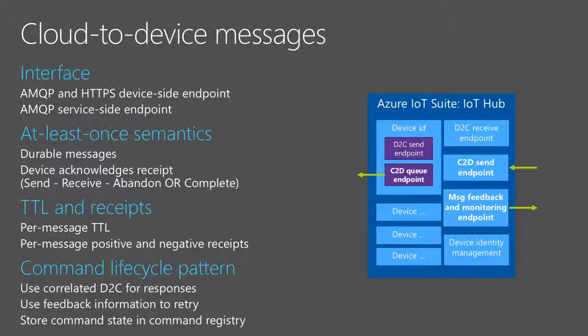Another pattern that is very common is broadcasting the same command to a very large set of devices. When you start having hundreds of thousands, but even just thousands of devices, you might send commands to a single one, but many times you're sending commands to a vast set of them. Things like firmware updates.